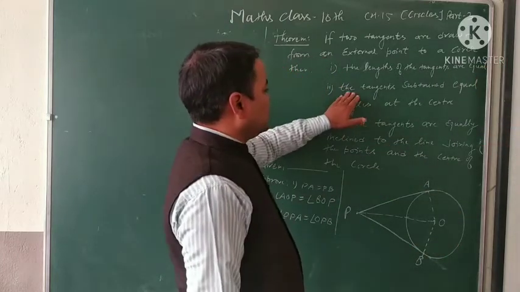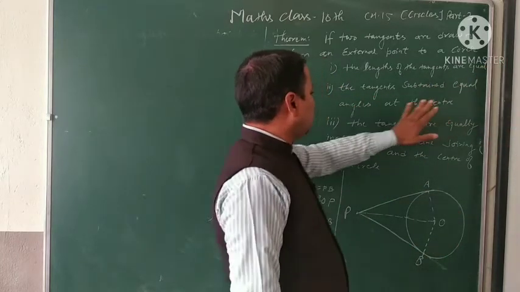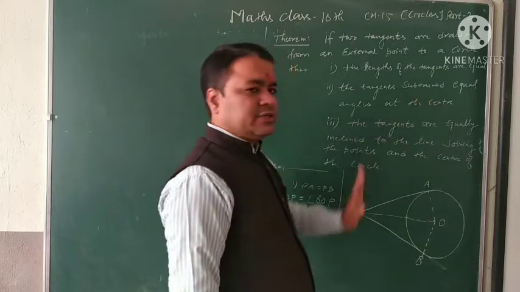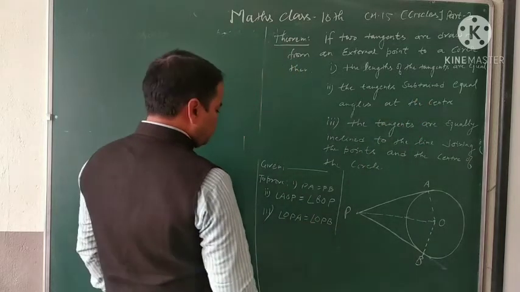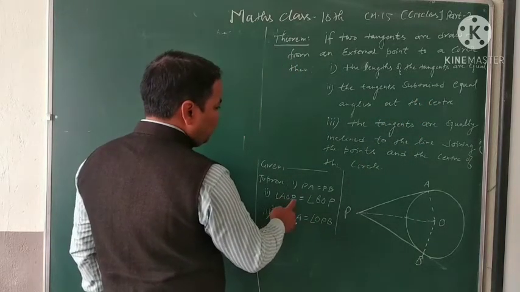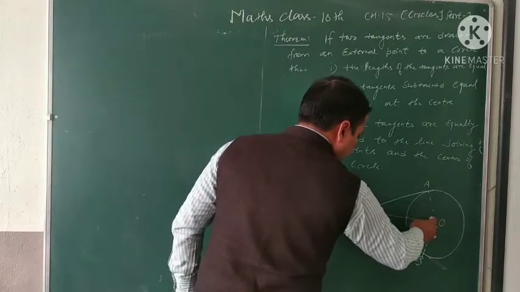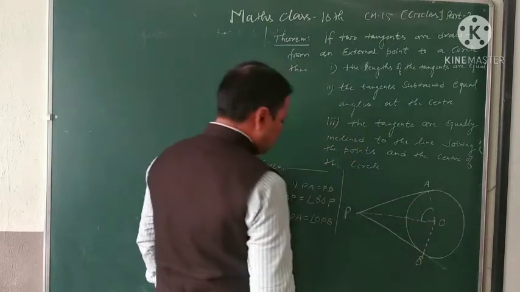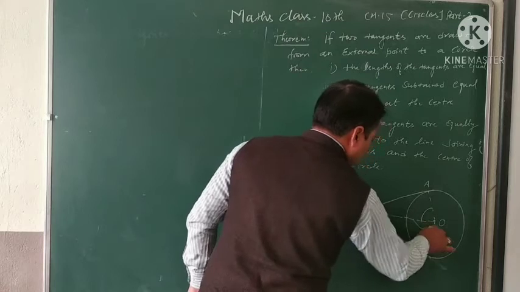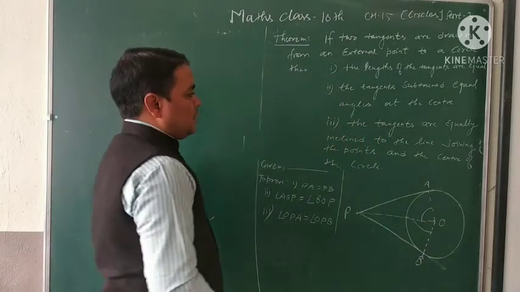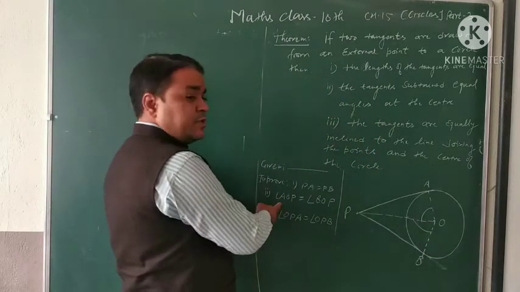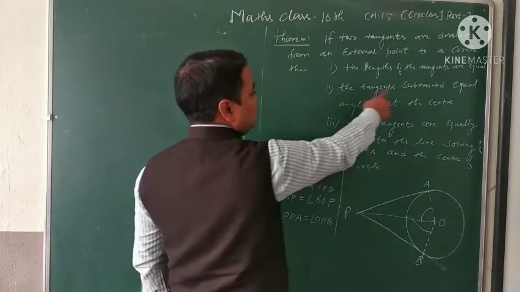And the second, the tangents subtend equal angles at the center. It means we have to prove that angle AOP, this angle, is equal to this angle.